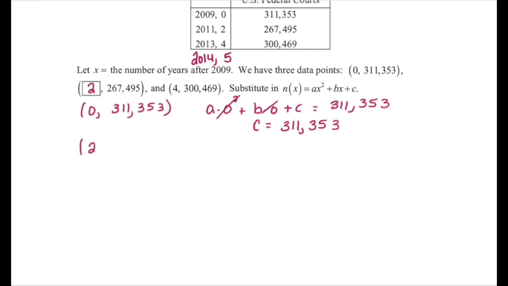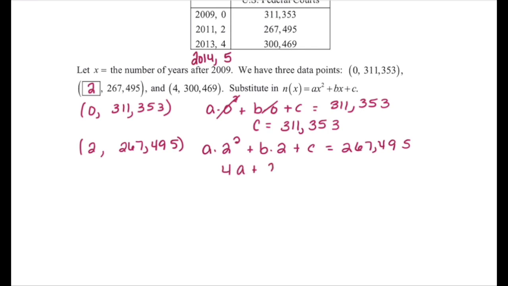I also know 2 with 267,495, and we'll repeat this process with our value of x. So a times 2 squared plus b times 2 plus c has to equal 267,495. 4a plus 2b plus c equals 267,495.